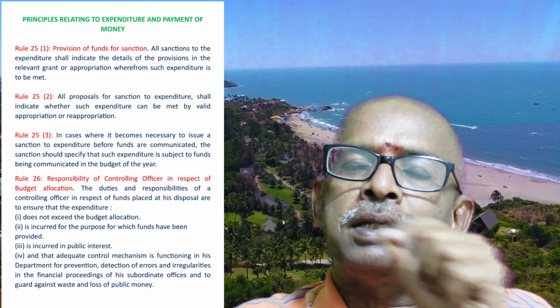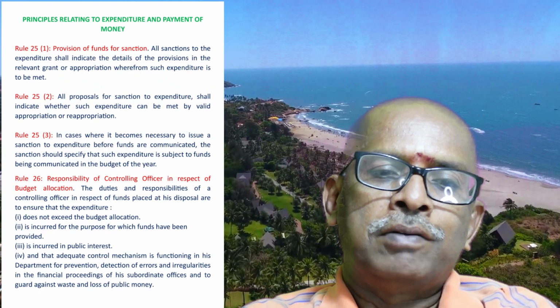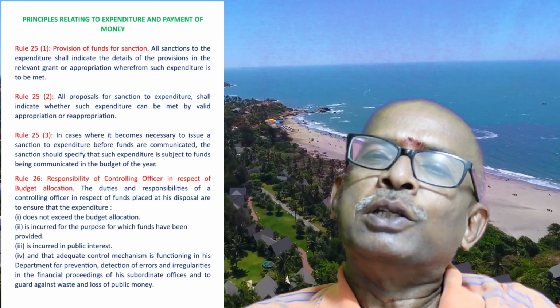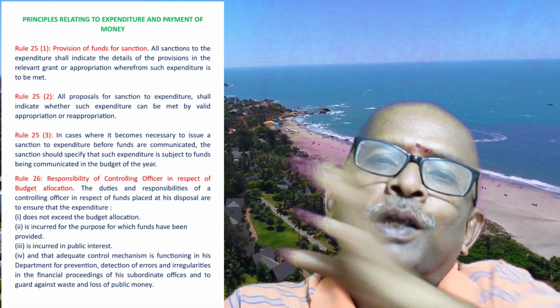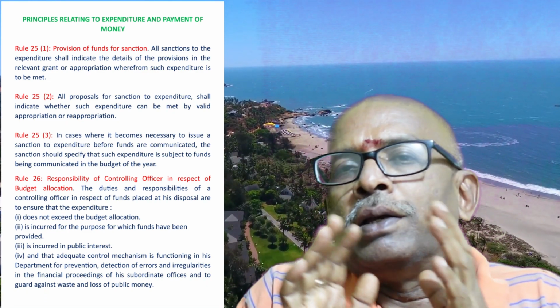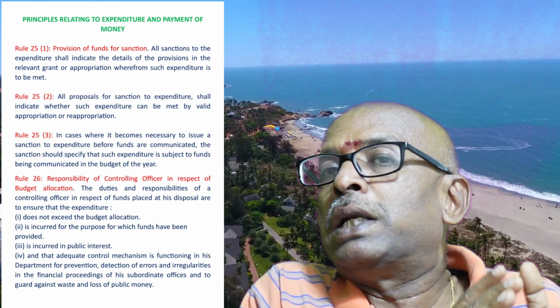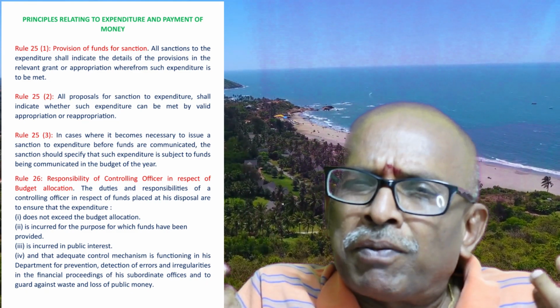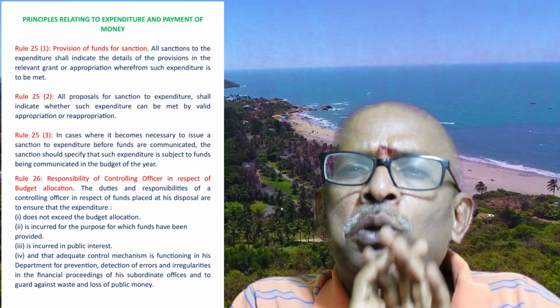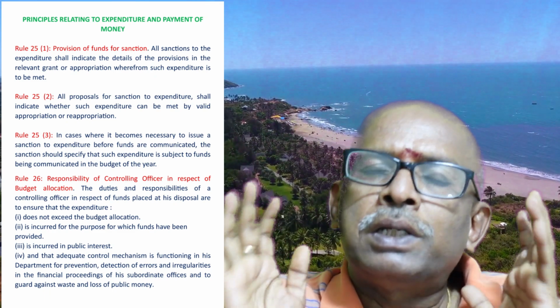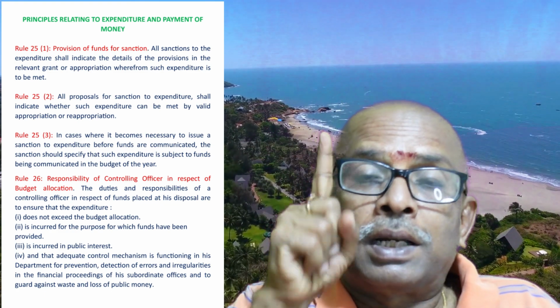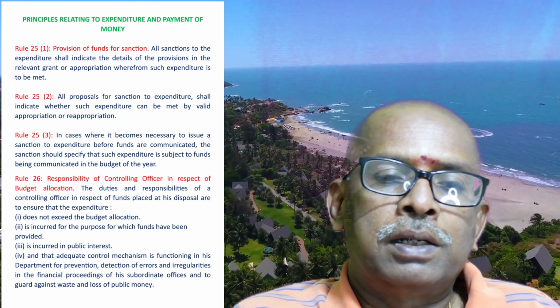You can't take some other fund; reappropriation is something different, we will discuss in the delegation of financial power. But you can't simply say, okay, fund is not there, something else, you use it. No, you can't do. You can use it for the purpose it is provided only. This is the responsibility of the controlling officer.